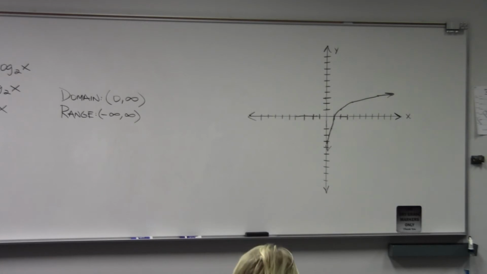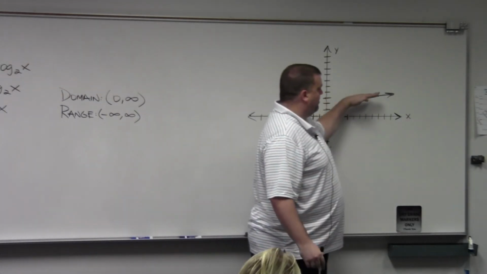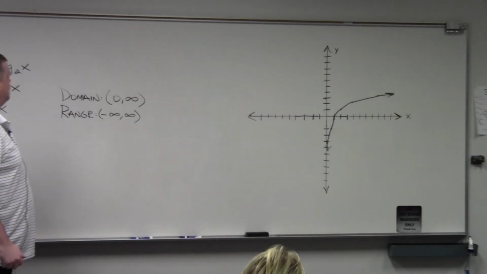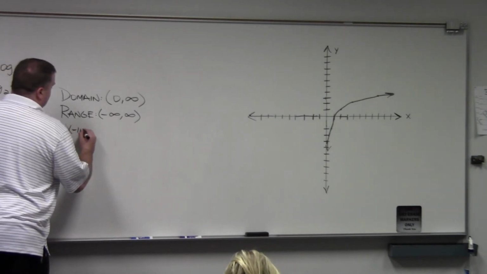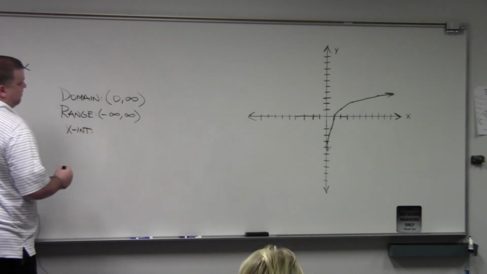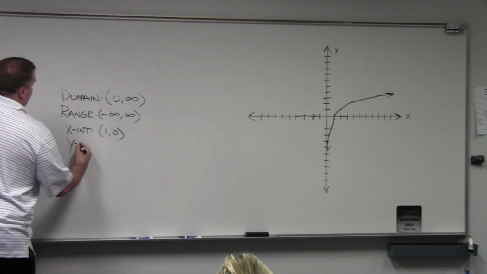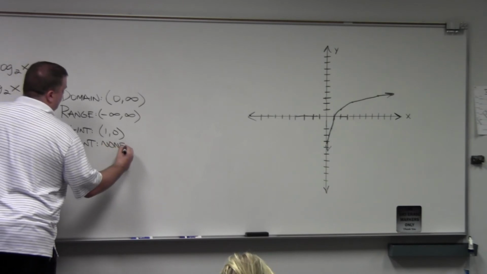Right, it's going forever down, and this is going off to the right, but as it's doing that, it's going up. So negative infinity to positive infinity for the range. Do I have an x-intercept? (1, 0). Do I have a y-intercept? Nope.